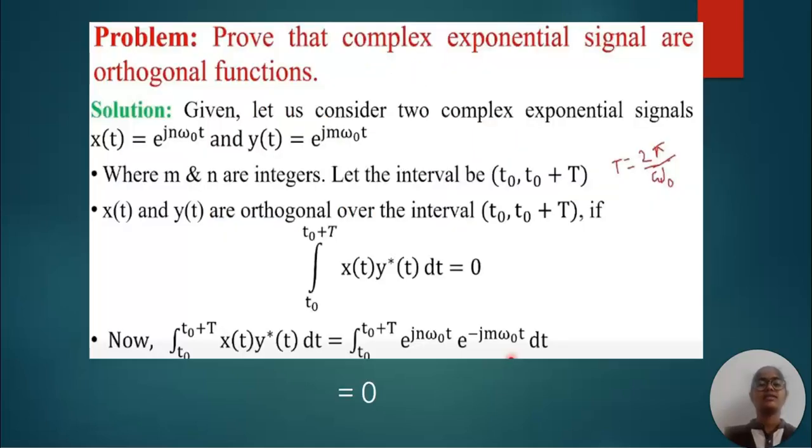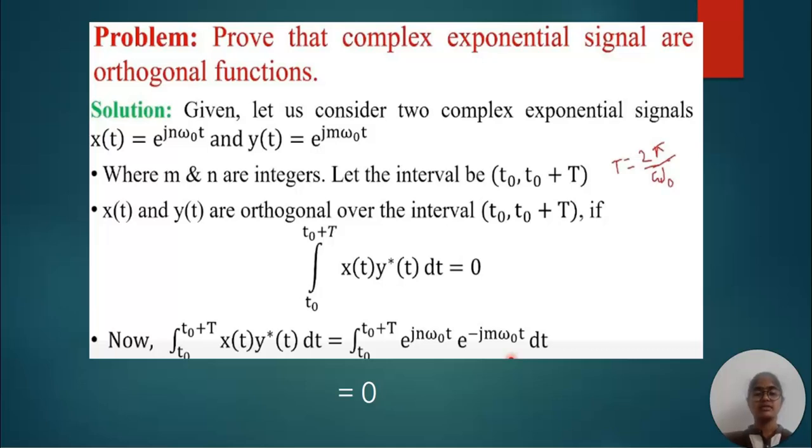Let us take one example of complex exponential signals as orthogonal functions. Let us consider two complex exponential signals, x(t) equals e power j n omega naught t and y(t) equals e power j m omega naught t, where m and n are integers.